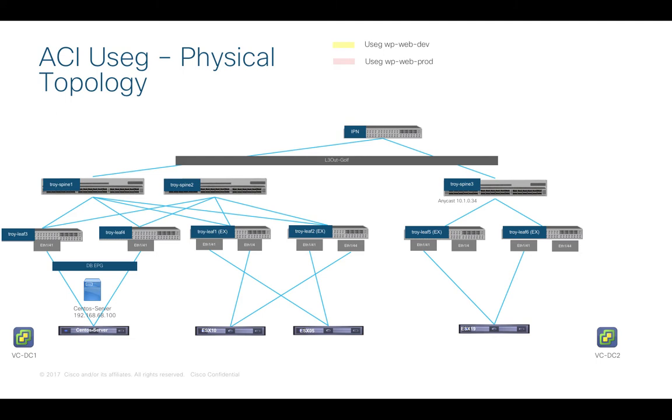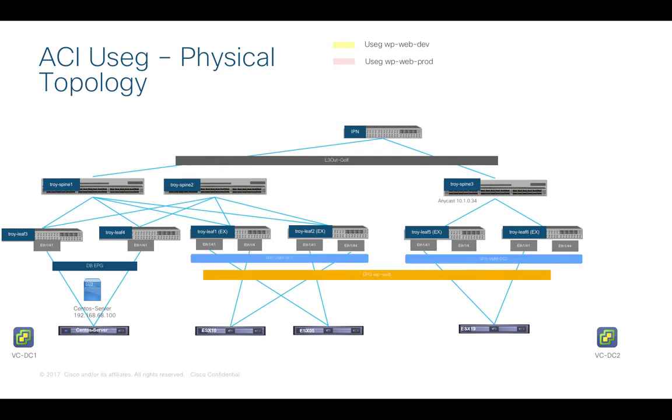In terms of workload, we're going to have one database which is located in pod 1. This database is attached through ACI in a database endpoint group. Then we're going to have one endpoint group, WordPress web, which is stretched across 2 different vCenters.